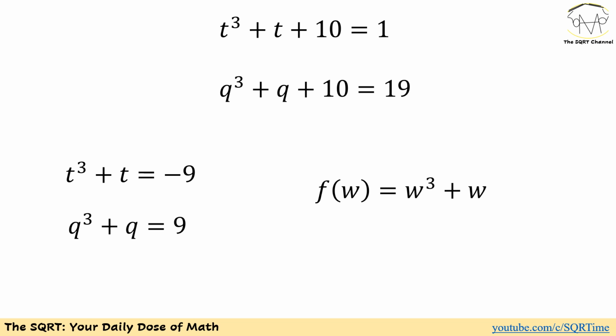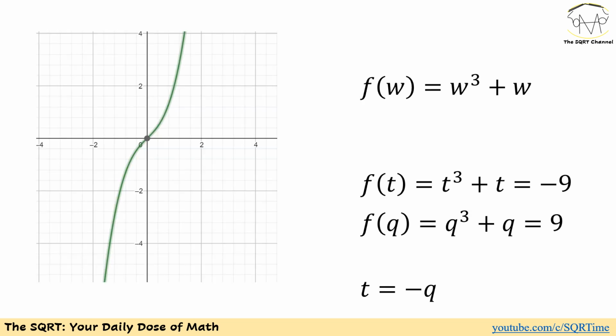Now let's define a new function f(w) and define it as w^3 + w. The function that we have is an interesting function. It is, first of all, an odd function, and second, it is an increasing function.